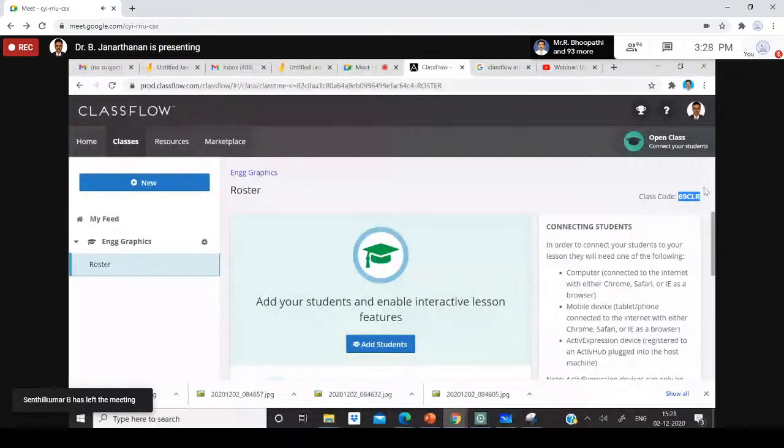Type www.classflow.com/student in Google Chrome, because Classflow works best with Google Chrome. Anybody can try this. You can join the class by using this code.